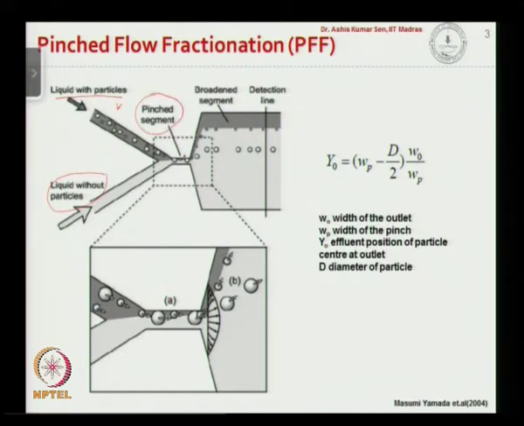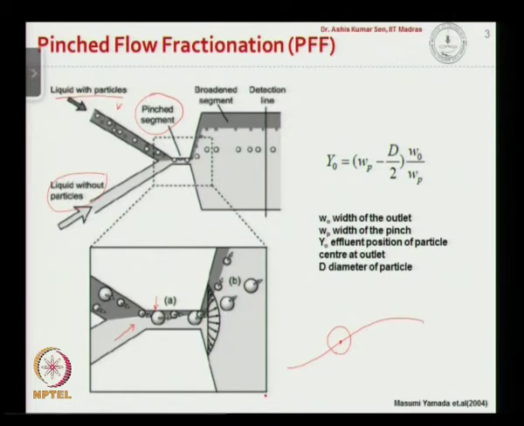So this has a lower width of the channel, and as the pure fluid focuses the particulated fluid, the particles get aligned to this side wall. As we know, the particles have a tendency to flow along the streamline passing through their center of mass.